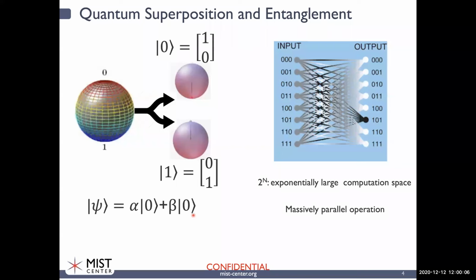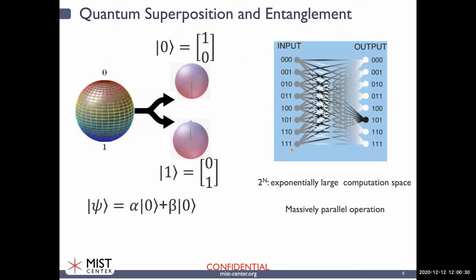And for a larger quantum system consisting of multiple qubits, for example, on the right side, we show a case of 3 qubits, the Hilbert space expands to a size of 2 to the power n. In this specific example, it's 8 states.